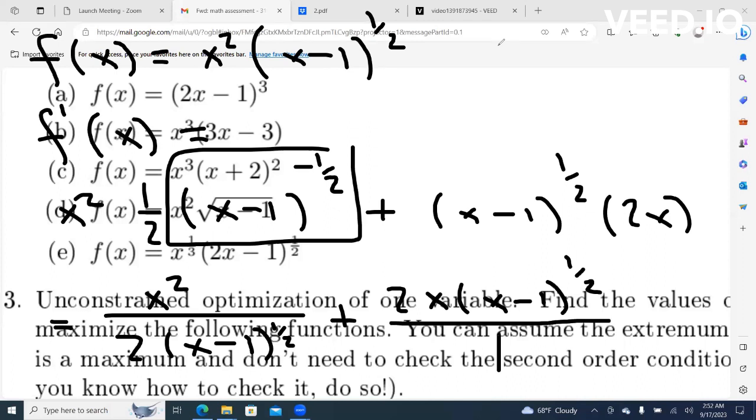We could put it over 1. Top and bottom are always multiplied by the common denominator. Multiply by 2 times (x minus 1) to the 1/2 divided by 2 times (x minus 1) to the 1/2. I hope we understand that anything divided by itself is 1.